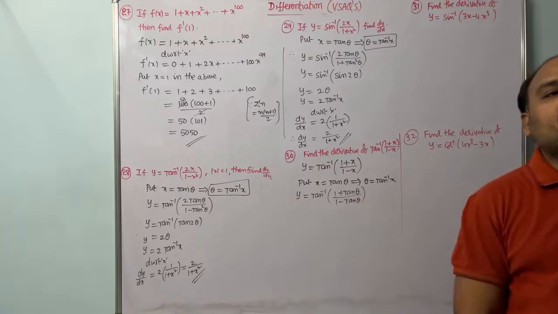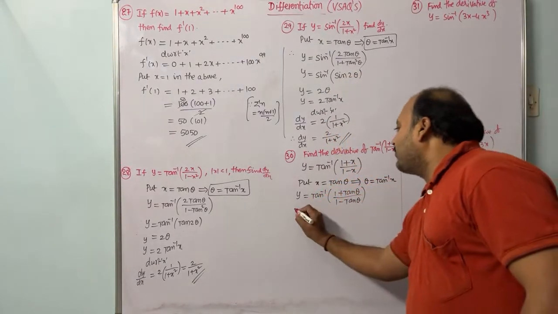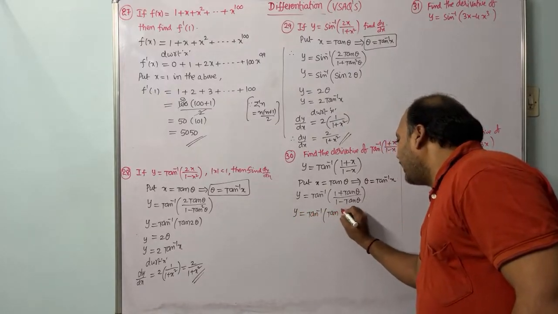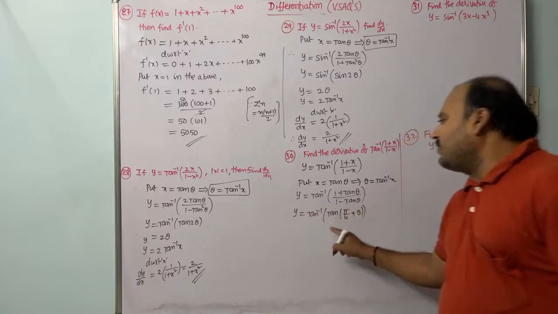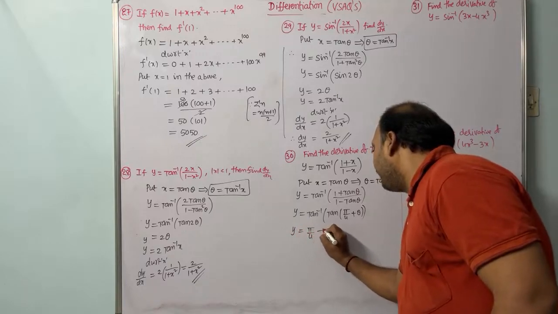As you know the formulas of trigonometry, 1 plus tan theta by 1 minus tan theta equal to tan of pi by 4 plus theta. Tan inverse of tan of pi by 4 plus theta is pi by 4 plus theta.